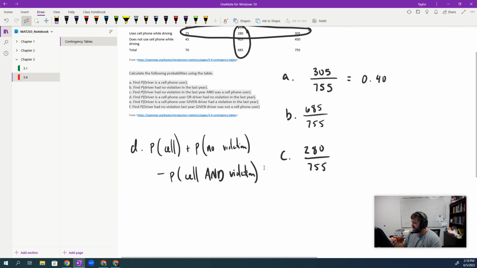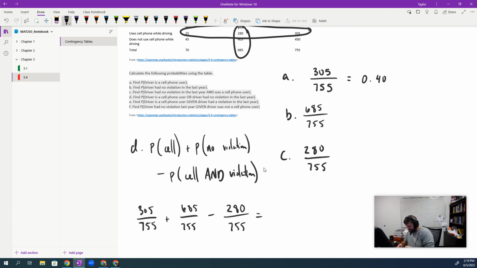So the probability of a cell phone user, that is 305 out of 755, plus no violation is 685 out of 755, but we have to subtract the overlap, so 280 out of 755.